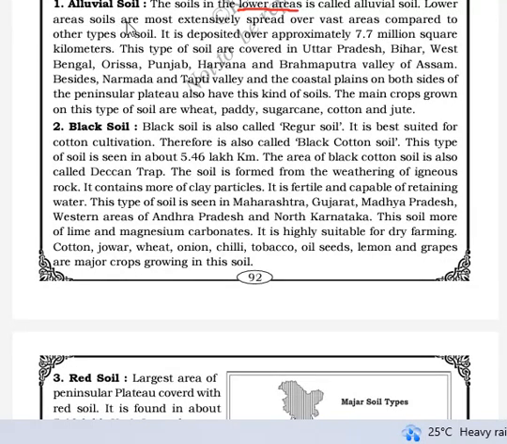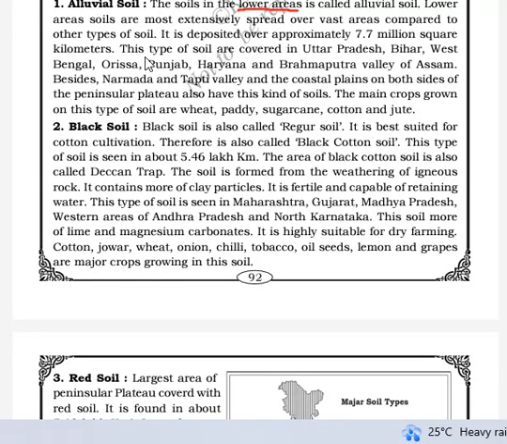Alluvial soils are most extensively spread over vast areas compared to other types of soil. Since this soil is present in the lower areas, it spreads over a much wider space. It is deposited over approximately 7.7 billion square kilometers.